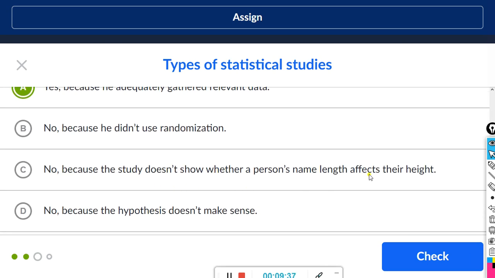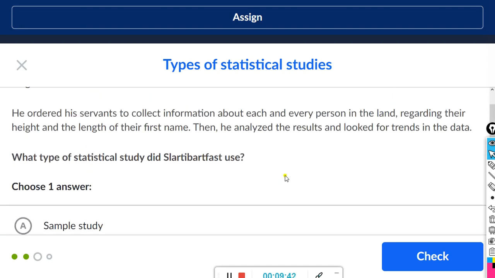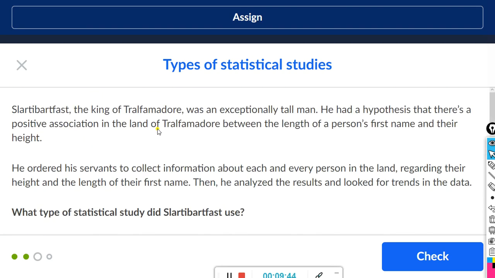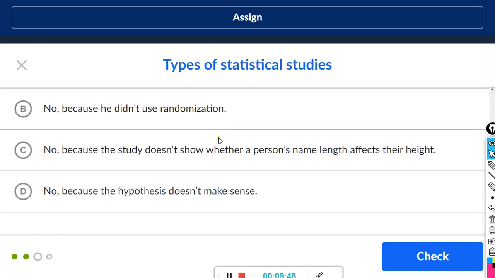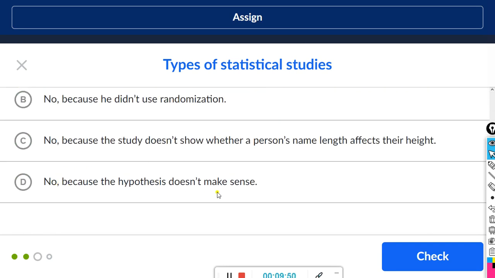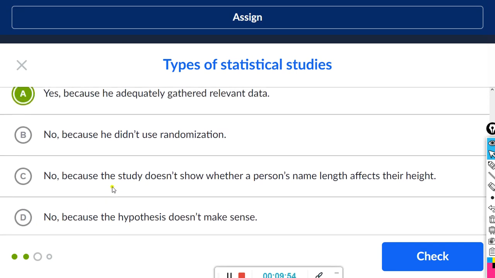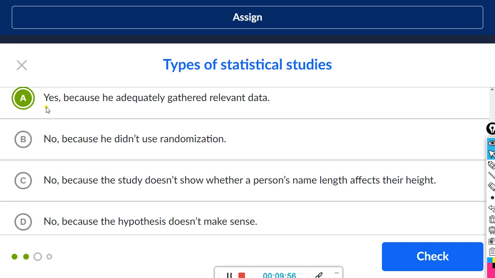Study doesn't show whether name affects the height. We didn't say effect. We just said positive association. So it's not C. Hypothesis doesn't make sense. That's true, but I don't know. I'm going to go with A. If it's not A, I think it's D.